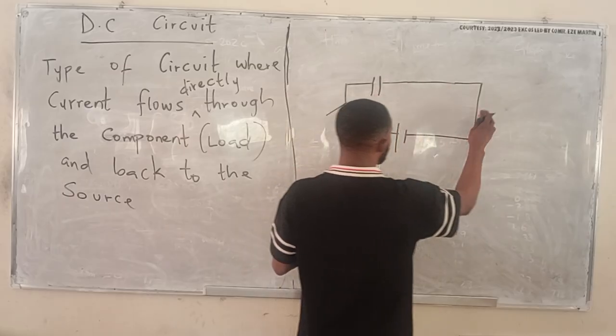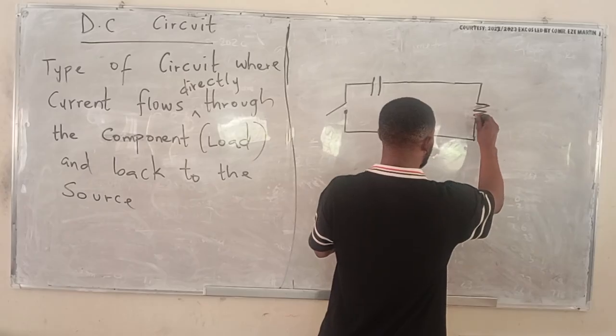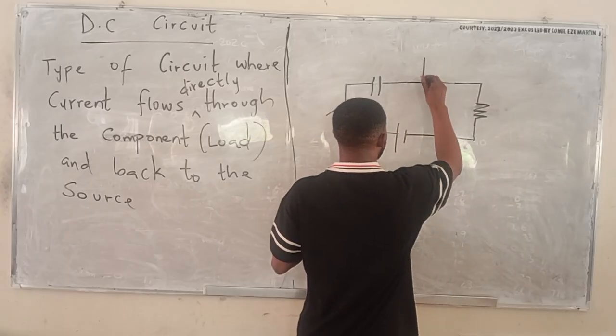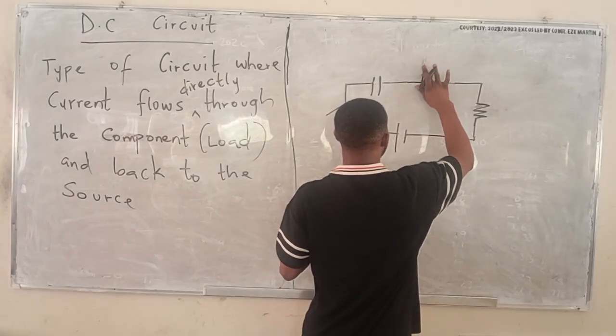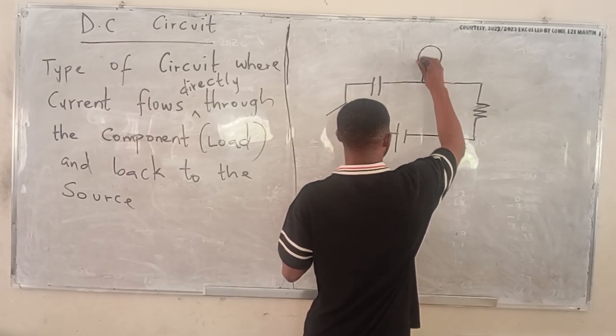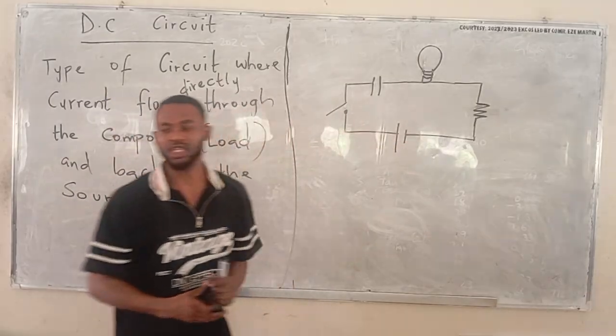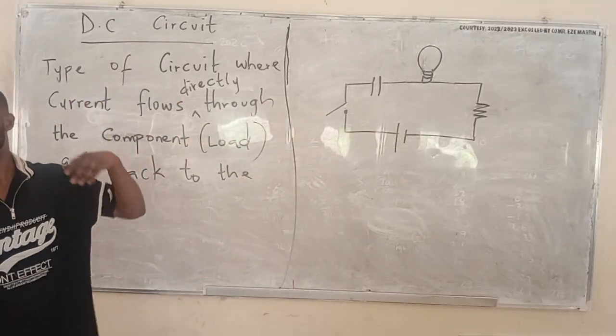Assuming I even have maybe a resistor. There is no use for all these things, but I'm just trying to show you. Then let's say this is a bulb. Now, all these things that I added here is just to tell you things that make up circuits.